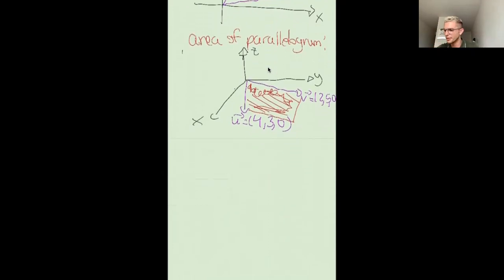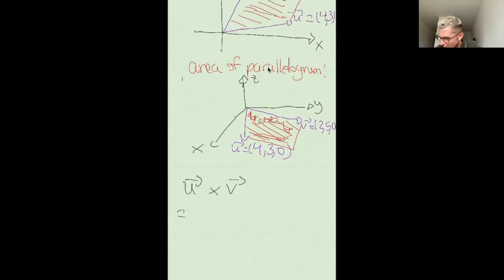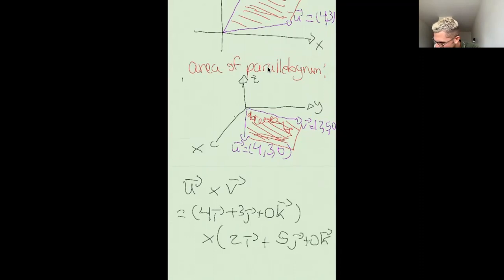And so what is u cross v? Well, what is the vector u? That's 4i plus 3j plus 0k, right? Cross 2i plus 5j plus 0k. So far, so good.